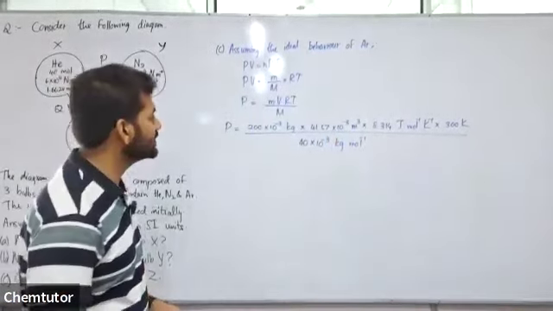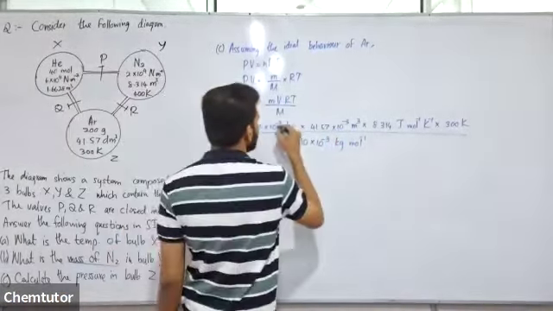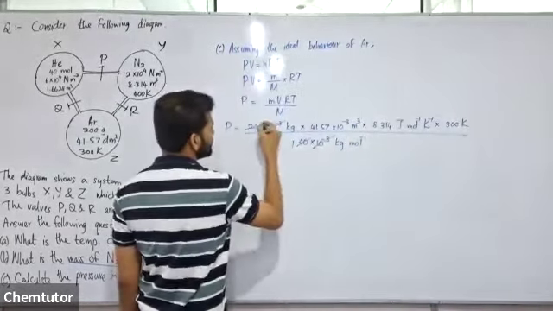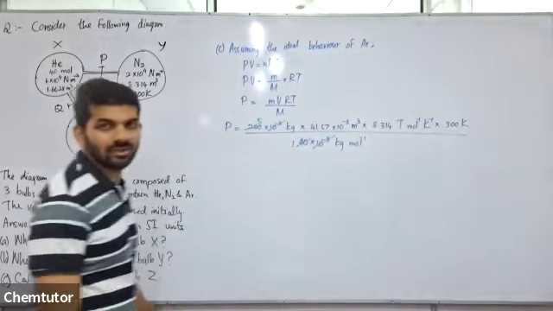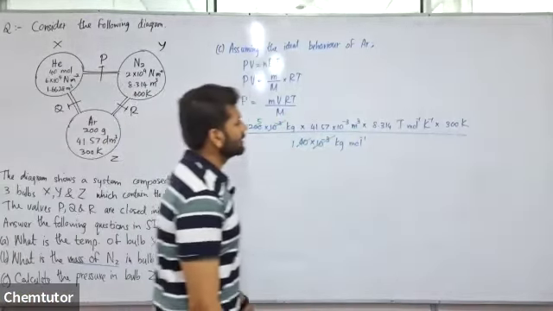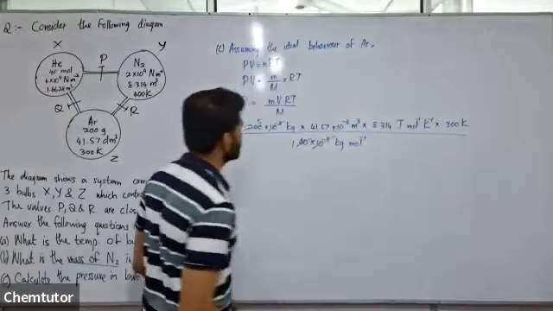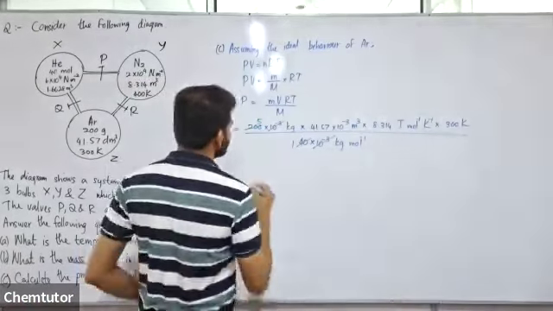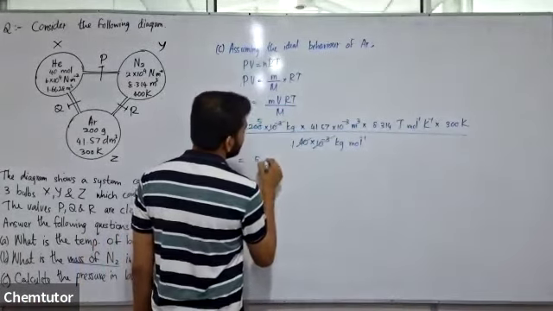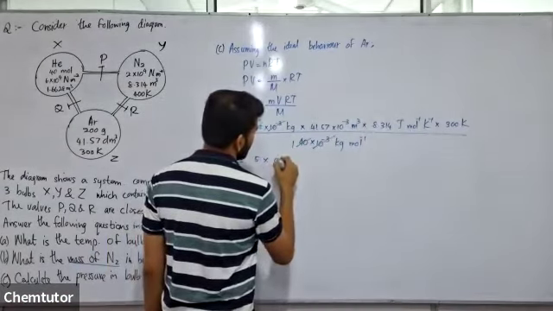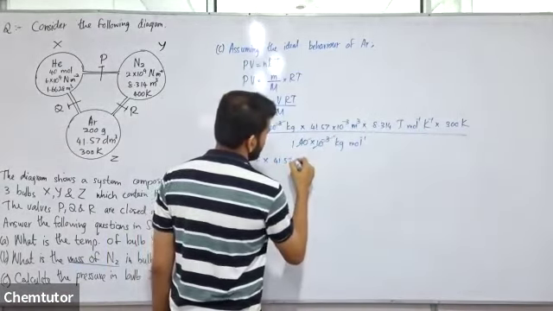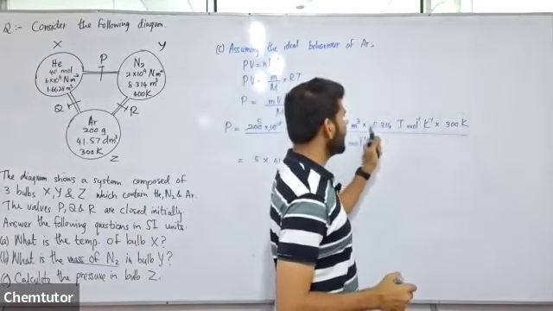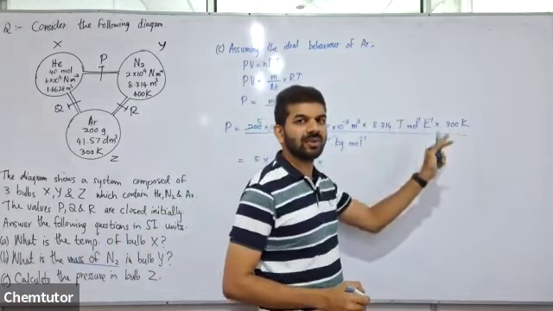Right. So we can simplify this. 10 to the power minus 3 and 10 to the power minus 3 get cancelled off. 40 times 5 is 200. Here it is 5 into 8.314 into 300.